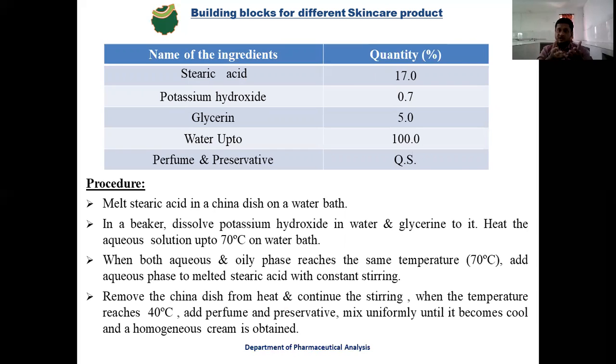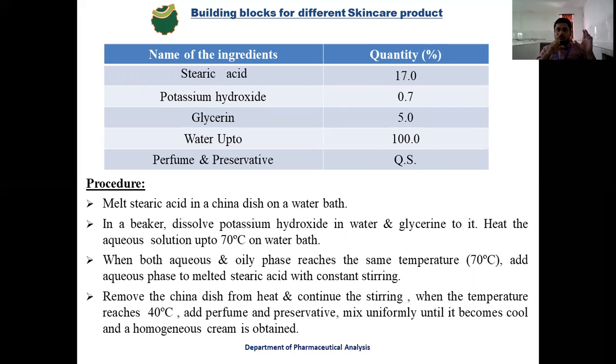But where is the emulsifying agent? Without an emulsifying agent, the cream or emulsion formation will not be stable. So we have to add an emulsifying agent. But potassium hydroxide is not an emulsifying agent. So what is the use of potassium hydroxide here?